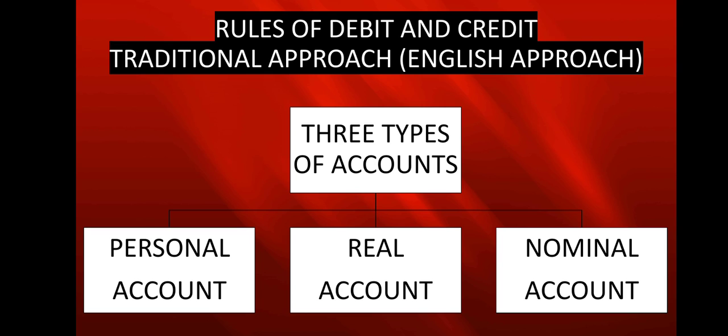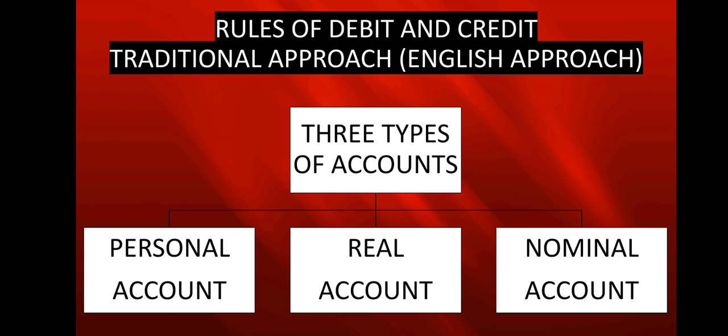When we talk about liabilities, that is the amount that needs to be paid by the business to the outsiders. And then you had your capital. Capital also falls under the category of real account. And then you had the nominal account. Nominal accounts are those accounts which are related to expenses or losses incurred by the business and incomes and gains that a business earns.